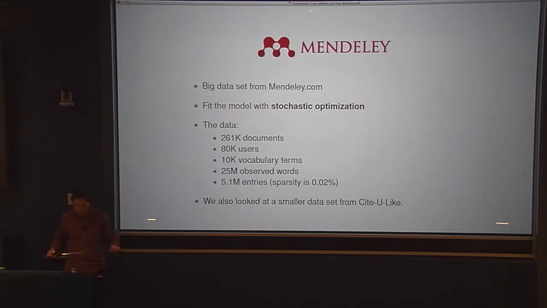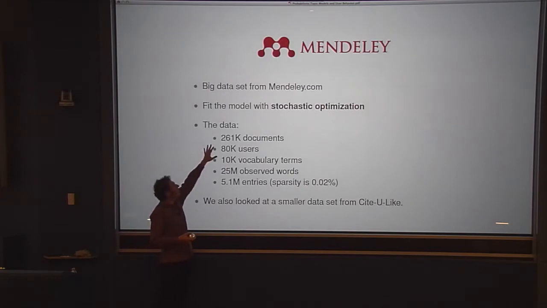Okay, so we have data like this. We have data from Mendeley, which I mentioned is this online service where scientists can share research libraries with each other. We have 261,000 documents, 80,000 users, 10,000 vocabulary items, and 25 million observed words in the documents with 5.1 million entries.